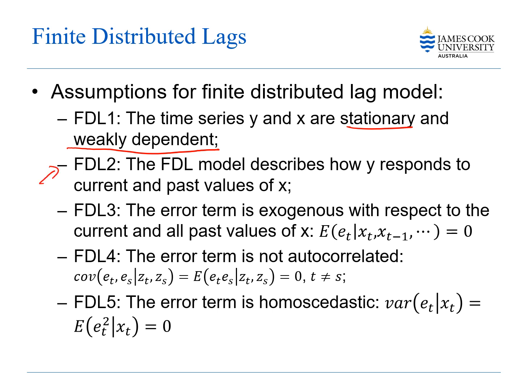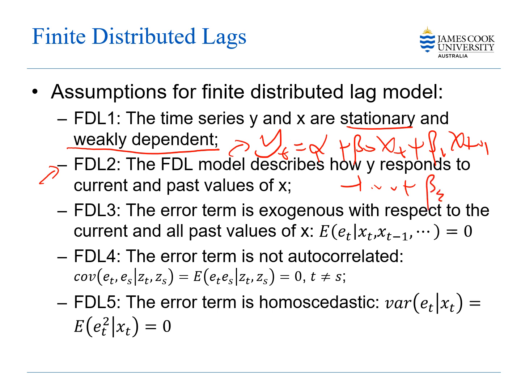Assumption 2, the FDL model describes how y responds to current and past values of x. Basically, this says that the model is correctly specified: alpha plus beta 0 xt plus beta 1 xt minus 1 plus up to beta q xt minus q plus error term.